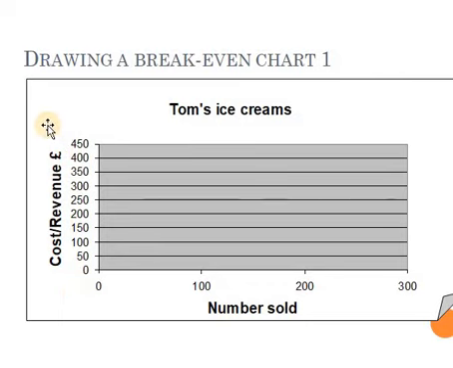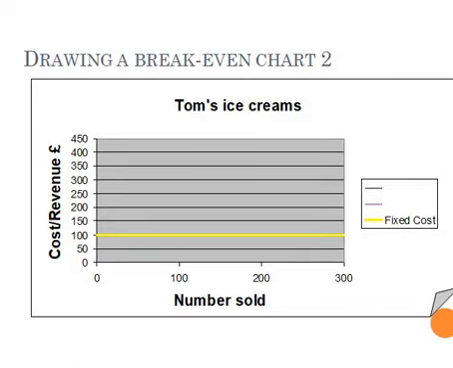So you see, that's how we have set the horizontal and the vertical lines. The horizontal line represents the number of units sold, so it can range from 0 to 300, and the y-axis corresponds to the revenue. So he can make revenues from 0 to $450 maximum.